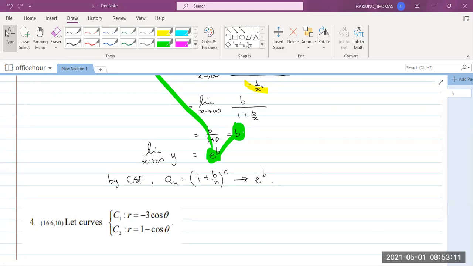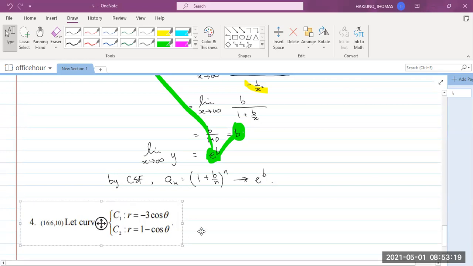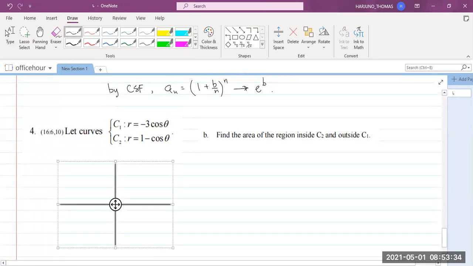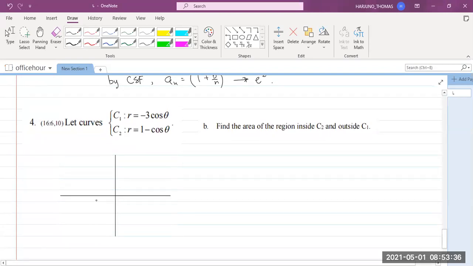We'll find the area outside of C1 and inside C2. I believe part A is the sketch, so let me sketch it first, at least to get the feeling of what it looks like. C1 is a circle centered at -1.5, 0.